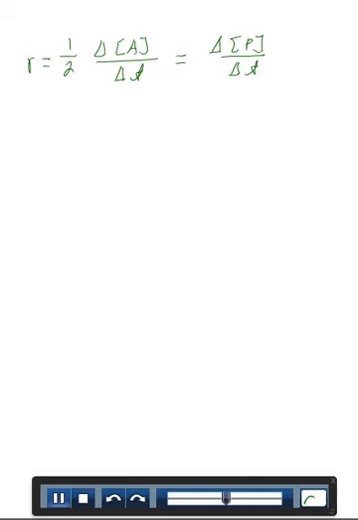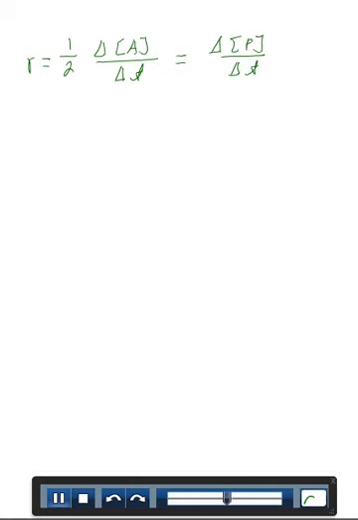So we can do this by saying that the rate is equal to 1/2 of the disappearance of A divided by a time interval, and that's equal to the appearance of product over that same time interval.